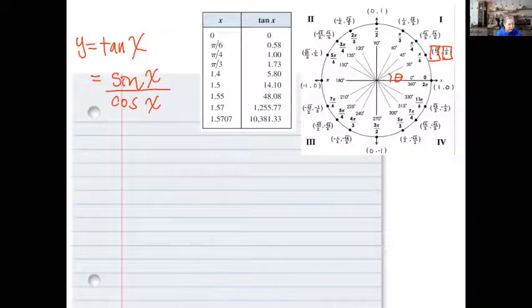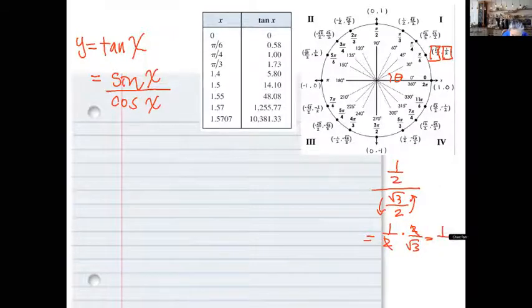If you have 1/2 divided by radical 3/2, we can just do the first one here. So 1/2 divided by radical 3/2 is 1/2 multiplied by the reciprocal, which is 2/3. Then we cancel, and it's 1/3.